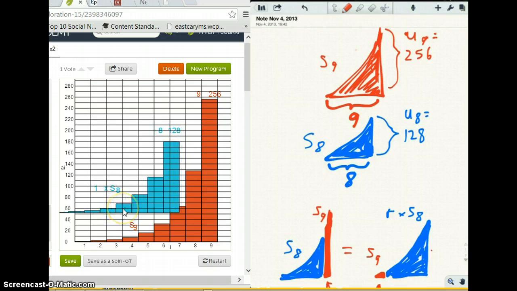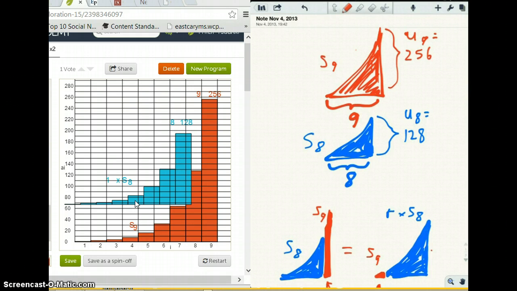You can see that the 8th bar in the blue one is marked 8, 128. And the red one has 9 bars and it goes up to 9, 256. So you can see that these are the same sequence. It's just that one goes to the 9th term and the blue one only goes to the 8th term.